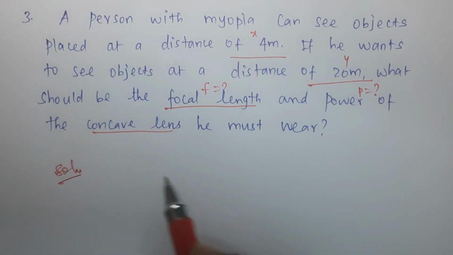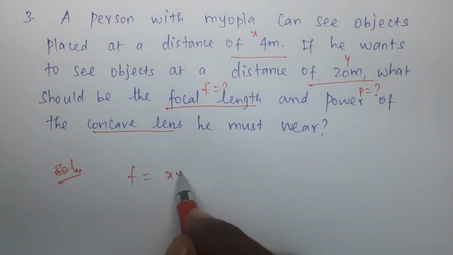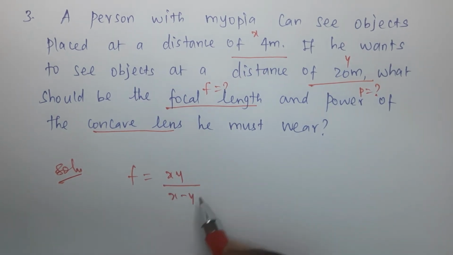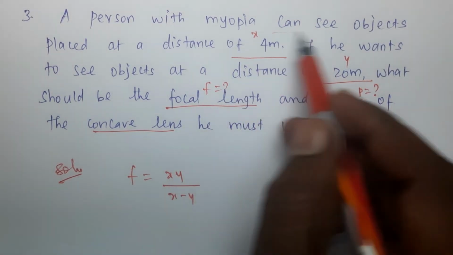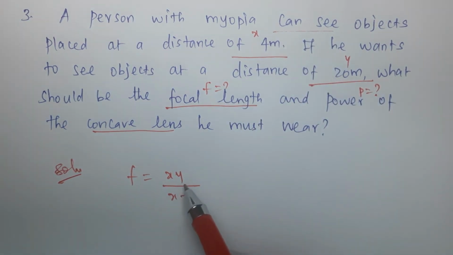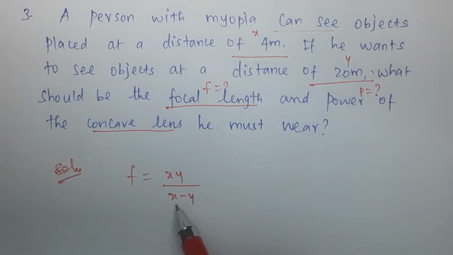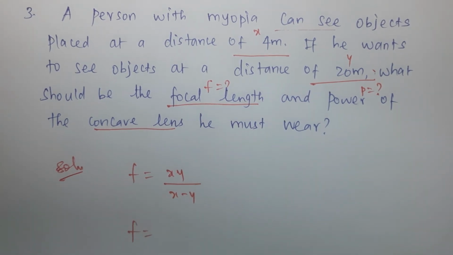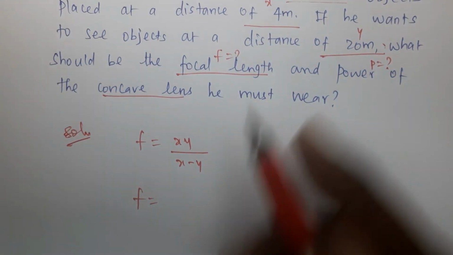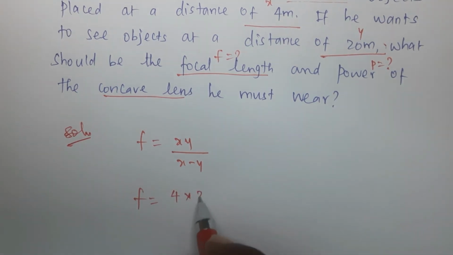Solution: the right relation to solve this sum, f is equal to xy by x minus y. This x represents the can-see distance, 4 meter. This y represents the want-to-see distance, 20 meter. Now we can substitute in this formula, with f negative for a concave lens. So f is equal to the x value given in the question, 4, into the y they gave, 20.